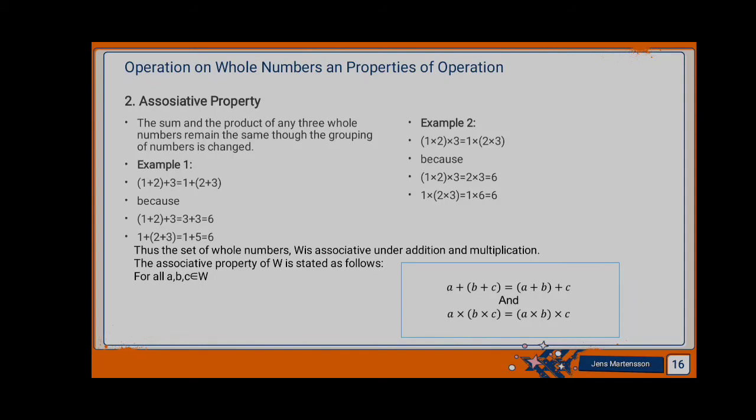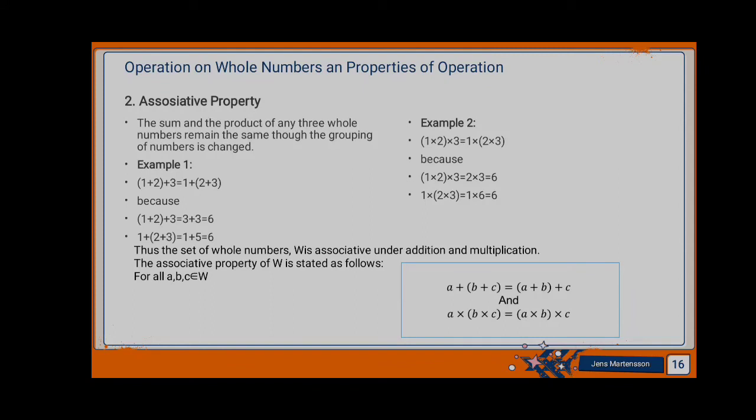Example 2: (1 times 2) times 3 is 1 times (2 times 3), because (1 times 2) times 3 is 2 times 3, which is 6, and 1 times (2 times 3) is 1 times 6, which is 6.